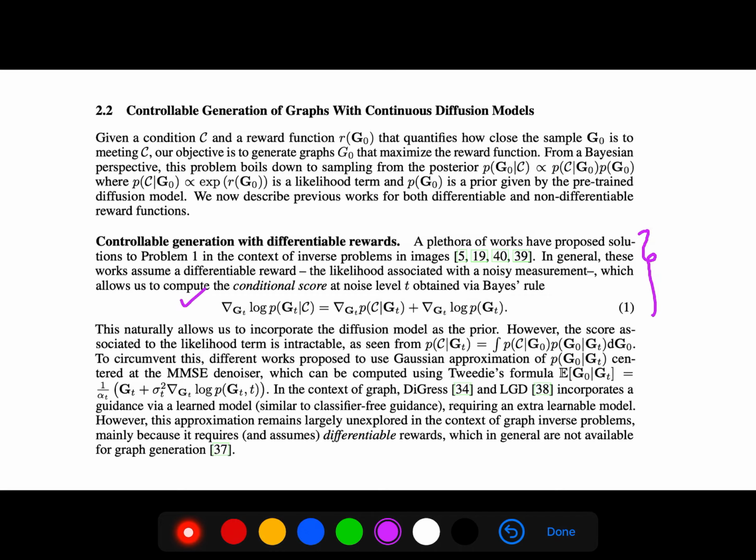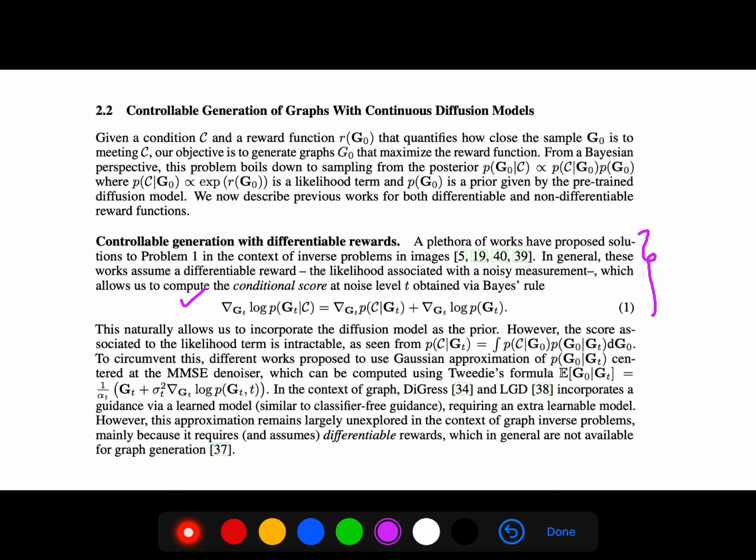And this naturally allows us to incorporate the diffusion model as the prior. However, the score associated to the likelihood term is intractable. To circumvent this, different works propose to use a Gaussian approximation centered at the MMSE denoiser, which can be computed using Tweedie's formula.